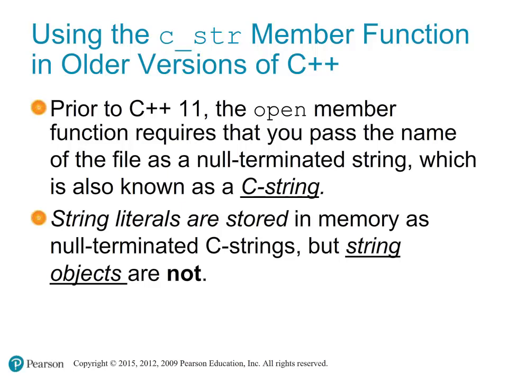On the other hand, the C++ string object, while similar in many ways to C strings, is not null-terminated by default. String literals like "filename.txt" inside the double quotes are inherently null-terminated C strings, so they could be directly passed to the open function.